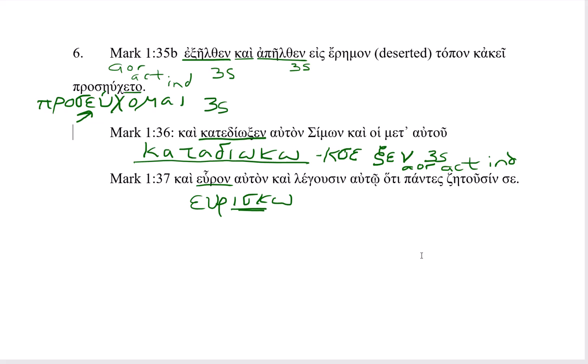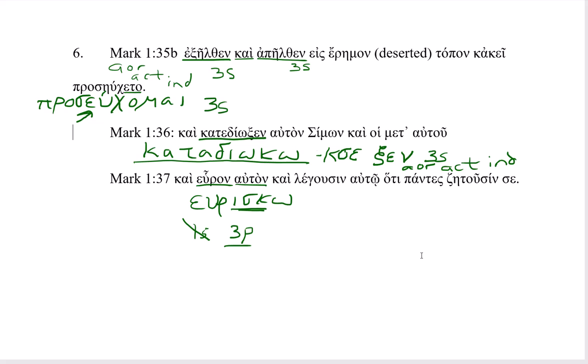So this is a second aorist, and the on ending tells us this is third plural or first singular, but based on the context, since it's Simon and those with him, we can get rid of first singular, so it's going to be third plural of heuriskō, and they found him.